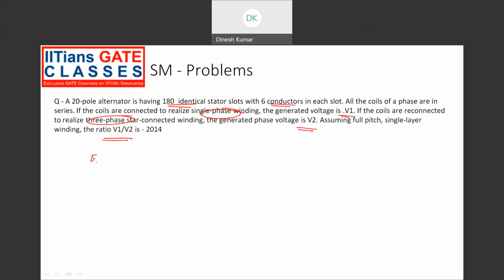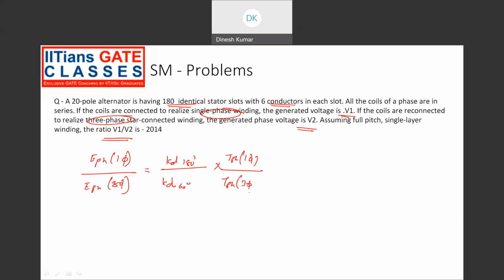So what they're asking is the induced EMF per phase for the single-phase winding to the induced EMF per phase for the three-phase winding. So this is nothing but Kd at 180 degrees, that is the distribution factor, times turns per phase for single phase, by Kd at 60 degrees times turns per phase for three phase.